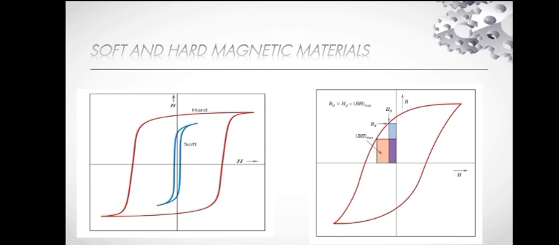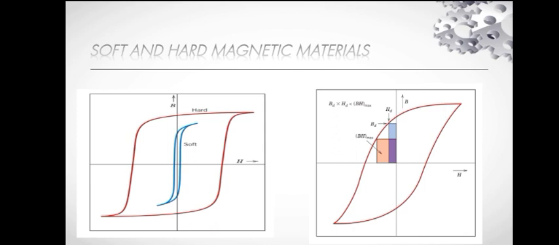It is used in devices that are subjected to alternating magnetic fields and in which energy loss must be low. One familiar example consists of transformer cores. For this reason, the relative area within the hysteresis loop must be small. It is characteristically thin and narrow, as represented in this figure.